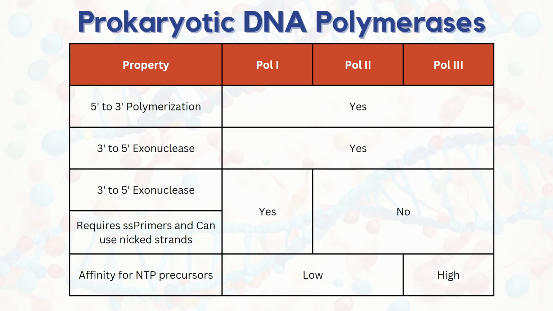Polymerase 1 requires single-stranded primers and can use nicked strands, while polymerase 2 and 3 cannot. The affinity for NTP precursors of polymerase 1 and 2 is lower compared to polymerase 3.